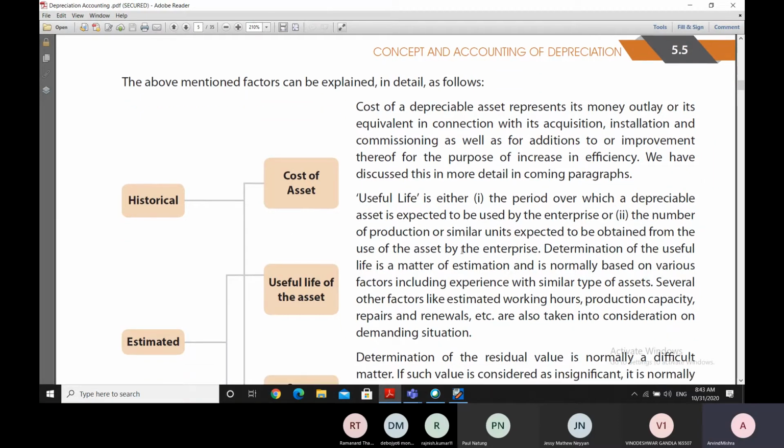Useful life is the period over which a depreciable asset will be expected to be used by the enterprise. This is an expectation. Useful life can be measured in terms of the period, or it can be looked at in terms of the number of production units which are expected to be obtained from the use of the asset by the enterprise.